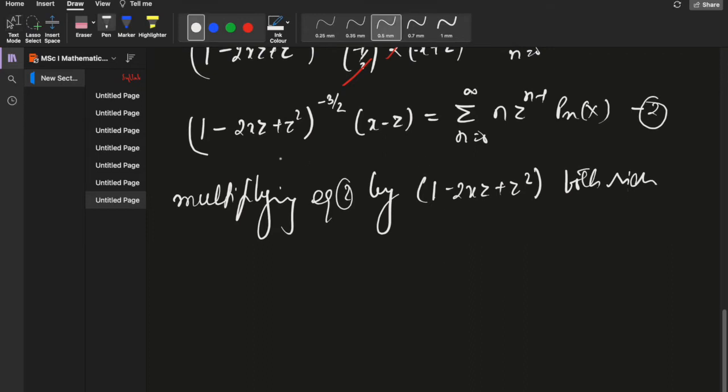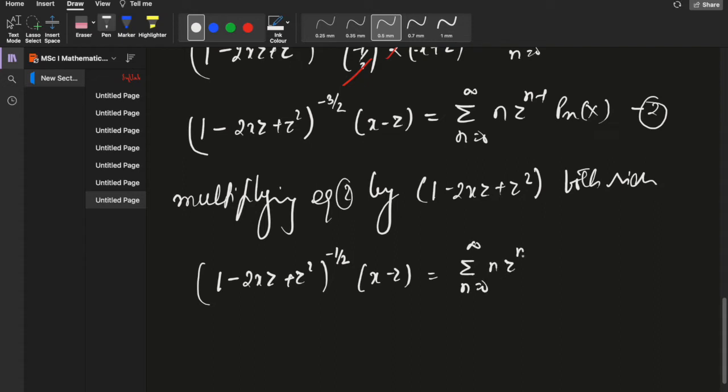So if I multiply with this factor, the left hand side becomes (1 minus 2xz plus z square) to the power minus half, (x minus z), and for the right hand side, summation n z to the power n minus 1 multiplied by (1 minus 2xz plus z square) Pn(x).